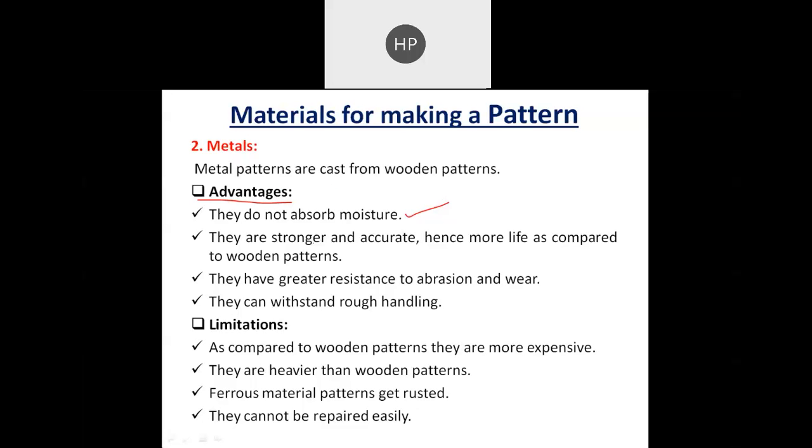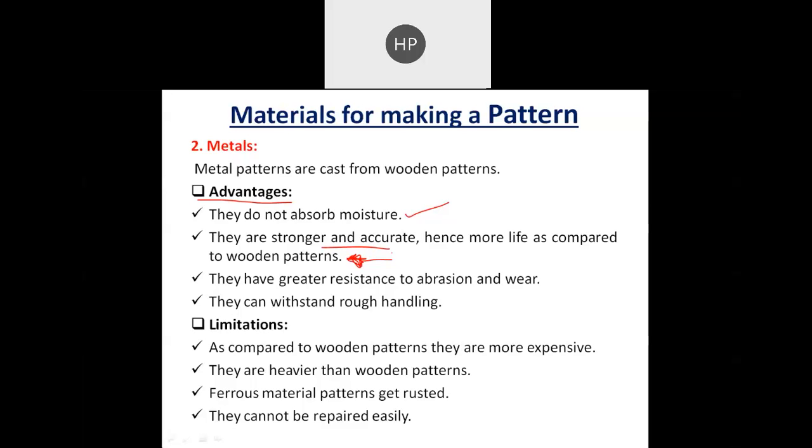They are stronger and accurate, and hence have more life as compared to wooden patterns. So they possess a longer life, and if we use the pattern repeatedly for a large number of repetitions, we can use it because of its strength.